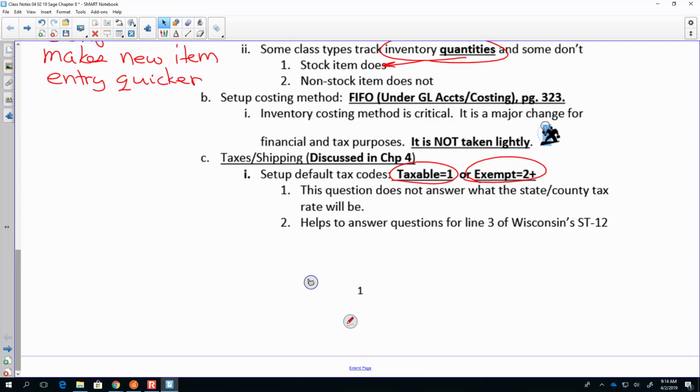These exempt reasons are services exempt for tax, and that also would appear on line 3 of the ST12, which is our Wisconsin sales tax report. Line number 3.